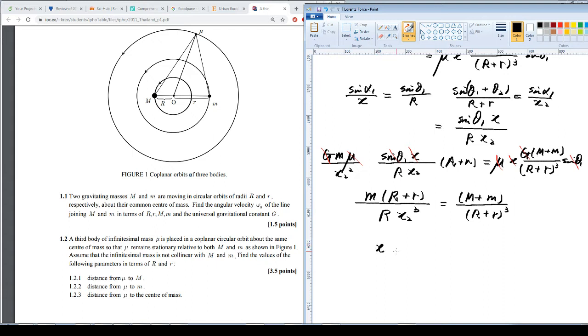Okay, therefore x2 cubed is equal to m times r plus small r to the fourth over big M plus small m, times big M plus small m times r.